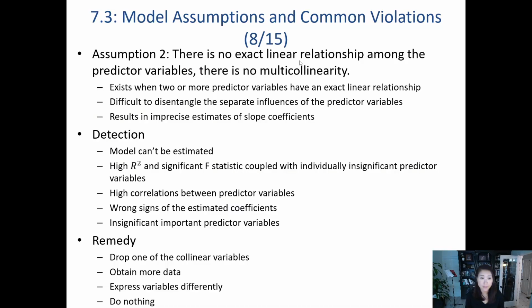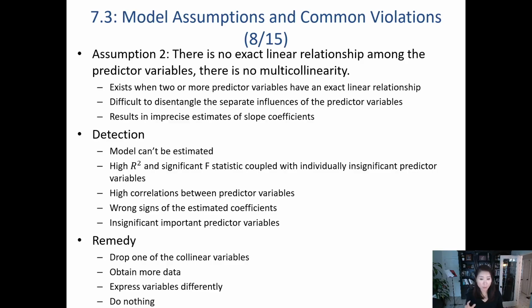Okay, assumption number 2. There is no exact linear relationship among the predictor variables, or in other terms, there is no multicollinearity. So basically, as you are using multiple x variables in your regression model, if your goal is to understand how x impacts y, we do not want to have a multicollinearity problem.